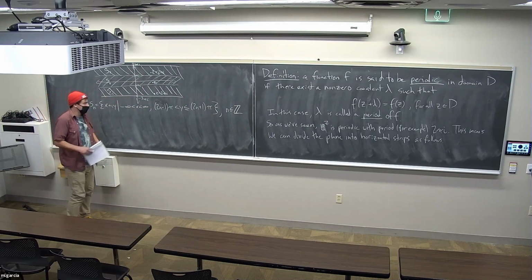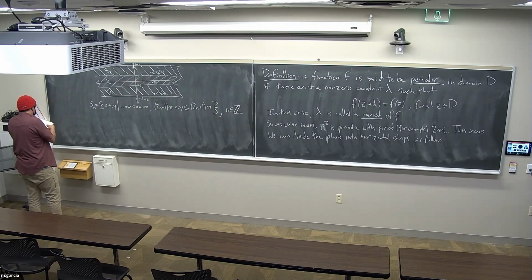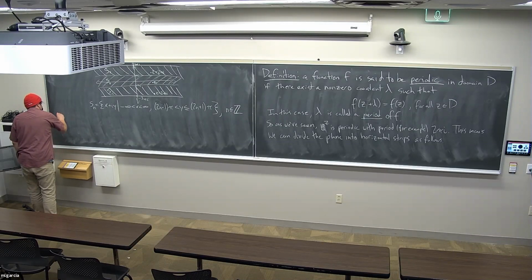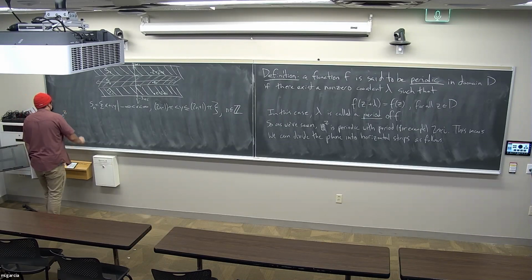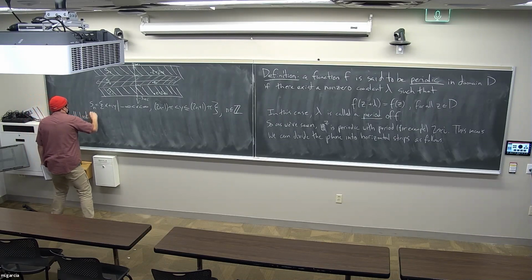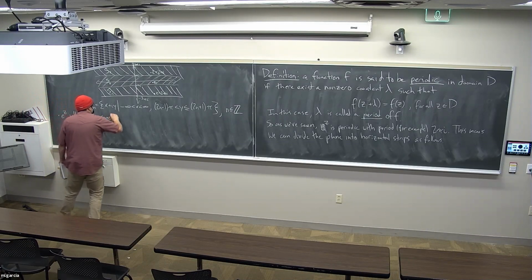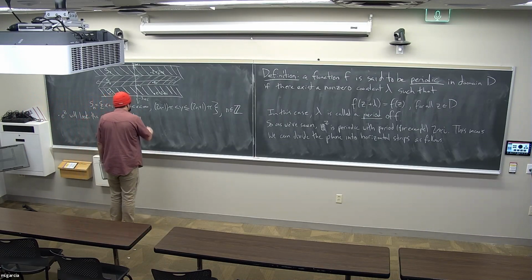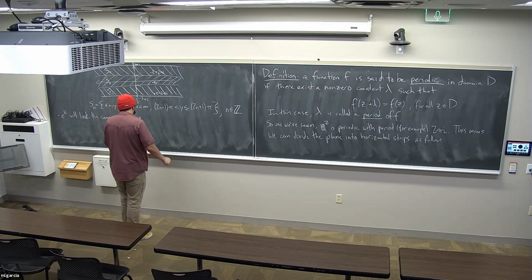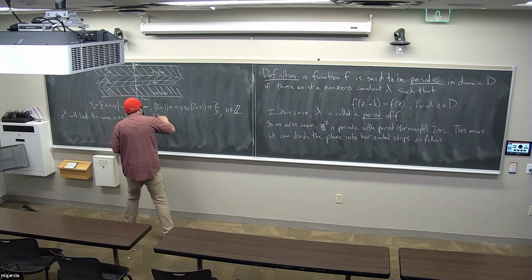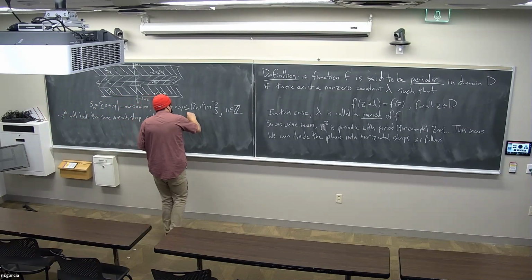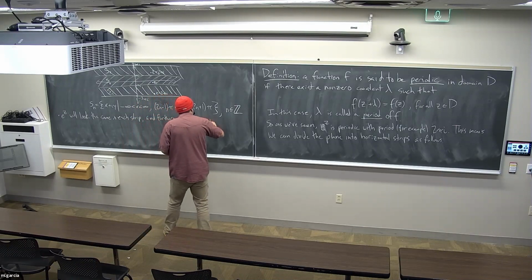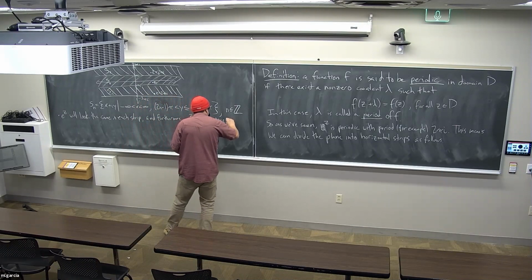The important things to note here: e to the z will look the same in each strip, and furthermore, e to the z is injective on each strip.